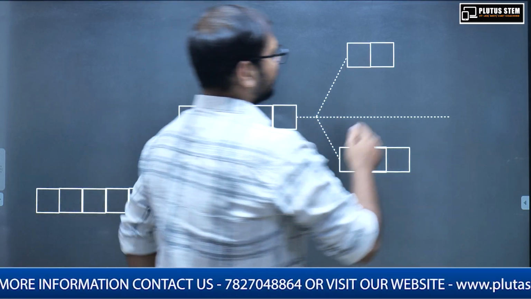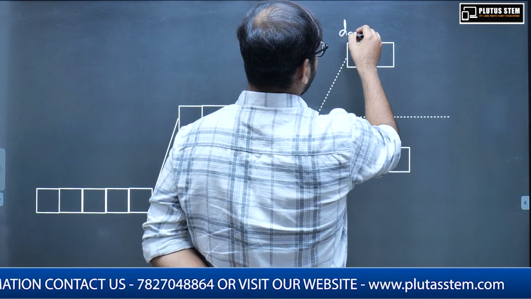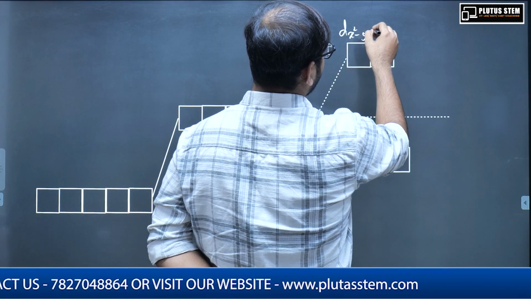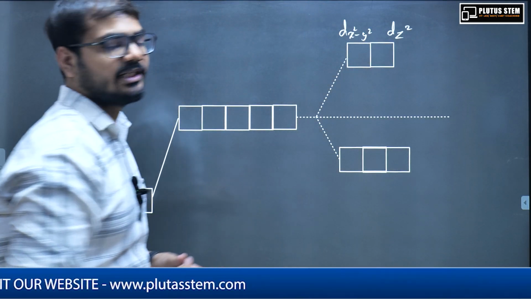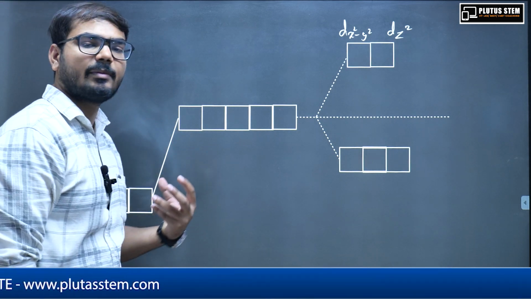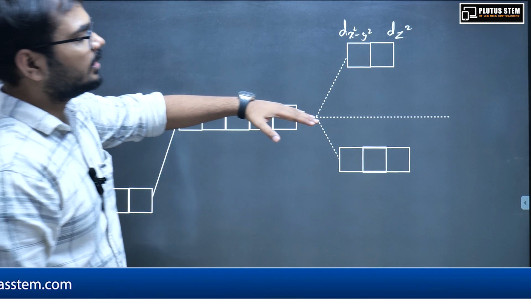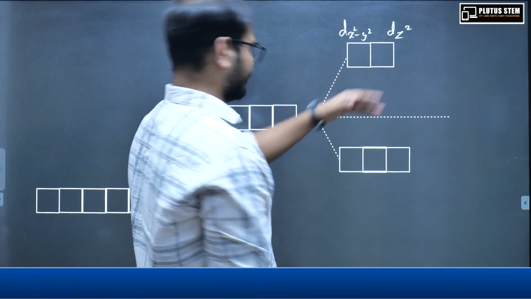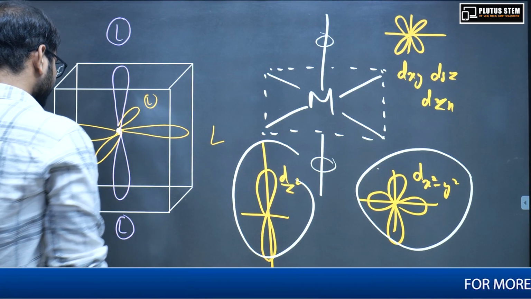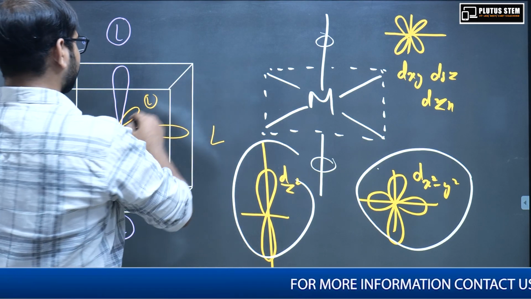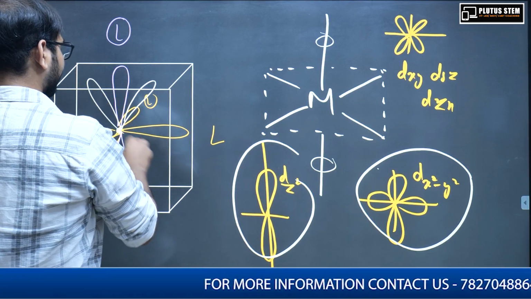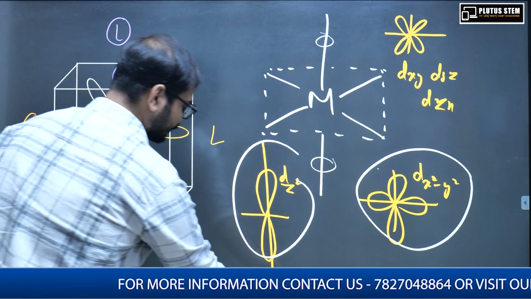Now, the dx square minus y square and the dz square orbitals are in the directions where the ligands are approaching, so they suffer the maximum amount of repulsion and hence are raised to a higher energy. Similarly, the orbitals which are left are the dxy, dyz and dzx, which are not on the axis.